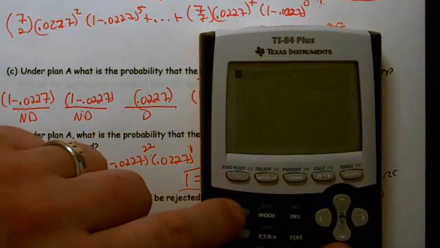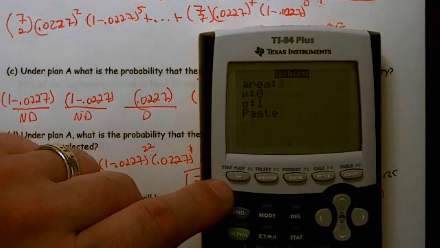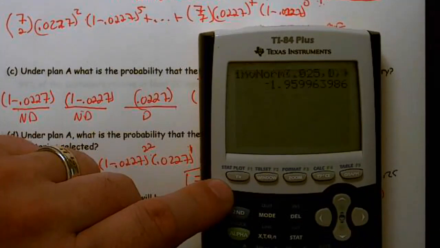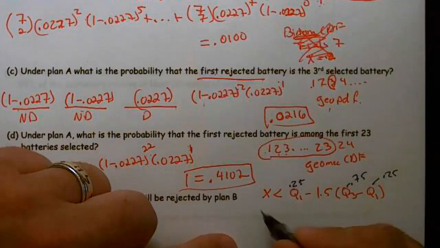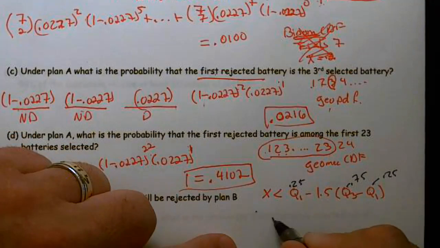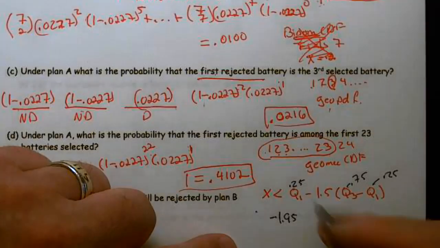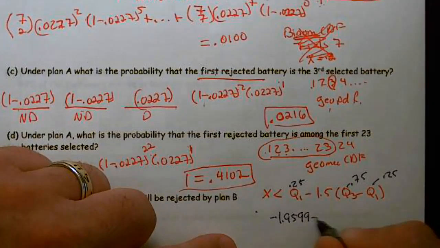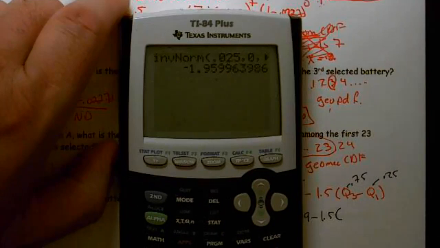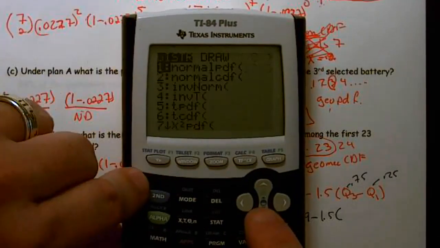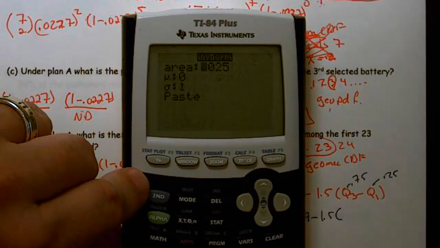So I'm going to go second vars, inverse norm, 0.025, mean of 0, standard deviation of 1, and I get negative 1.599. So this is going to be negative 1.599 minus 1.5, and Q3, second vars, inverse norm, is 0.2.